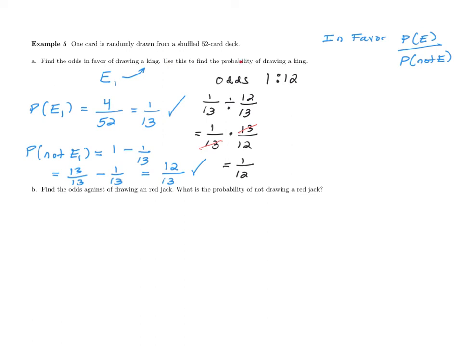Now, there's a second part of this problem, which technically we already did. But the point of this is, if you start with odds, how would you go backwards to get the probability? If you want the probability of drawing a king, that's the total number of ways that it does happen out of all possibilities. And all possibilities can be computed by adding 1 to 12.